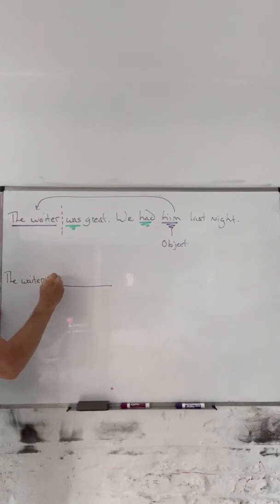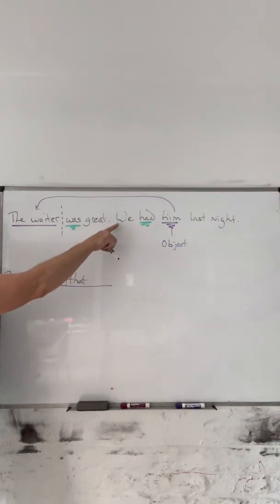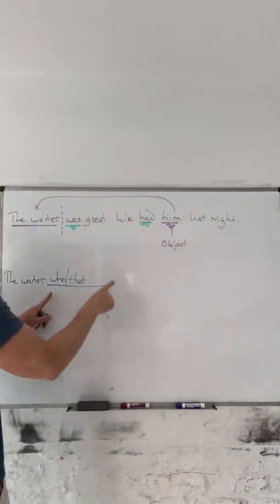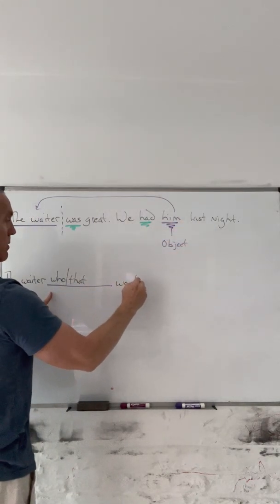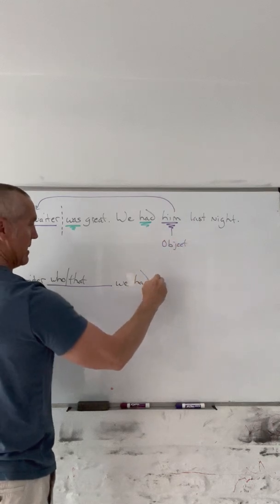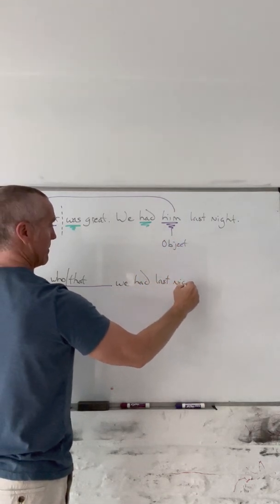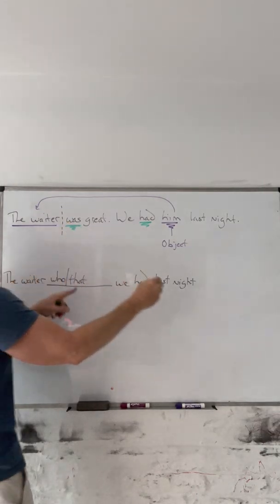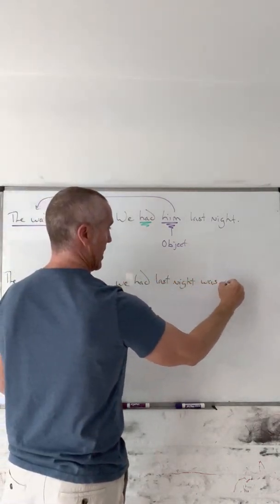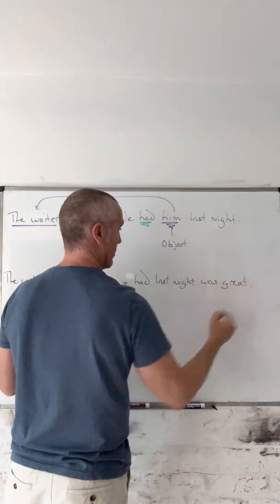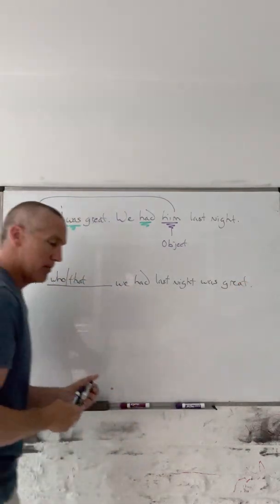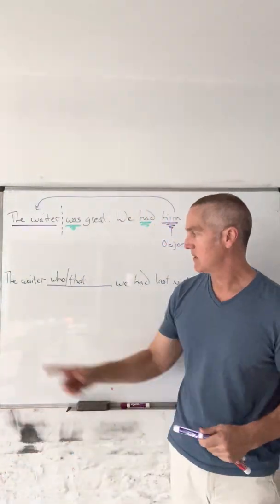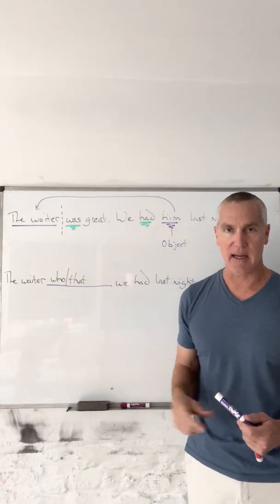So automatically, we're going to have who and that. Now comes the rest of that sentence. The waiter who we had last night. Now comes the rest of the first sentence, starting with the verb, of course, was great. So, the most common would just be this. The waiter who we had last night was great.